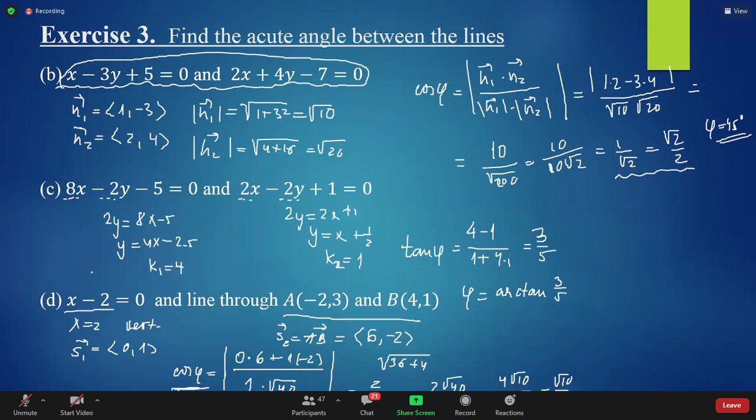I wanted to show you that we can use the normal vectors, and in many cases, it's the most comfortable and shortest route. In some cases, we may use slopes, especially if even one of the lines is given by the slope equation. Or if we have 2 points, then the first thing we can determine from those 2 points is the direction vector. In this case, the easy route would be to use both direction vectors.